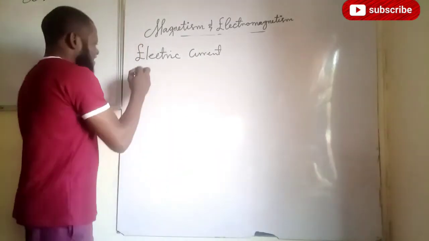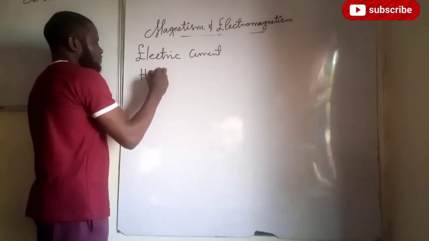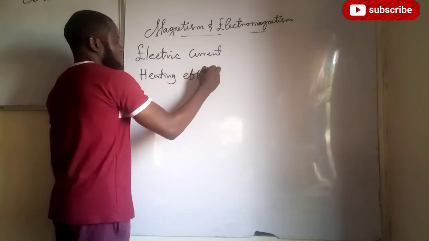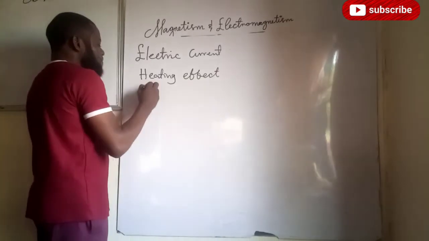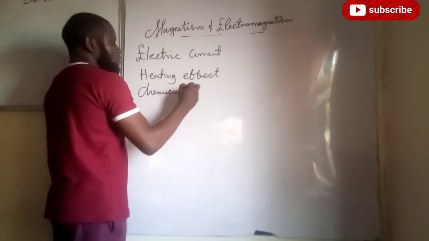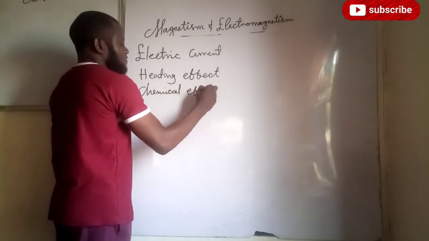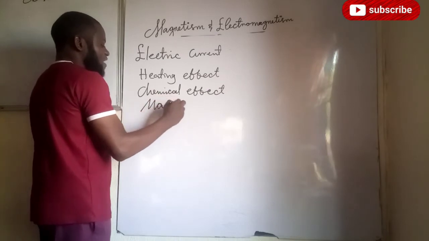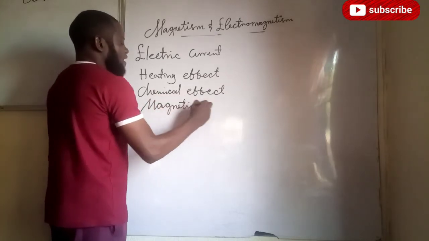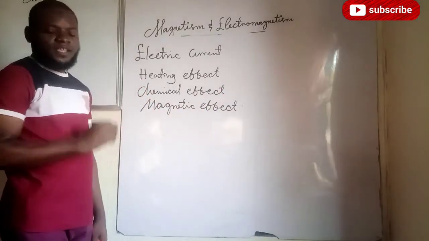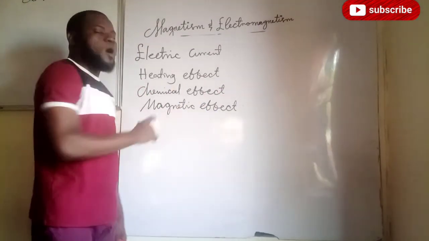We have the heating effect of current, the chemical effects of current, and the magnetic effects of current. Let me quickly explain all these effects.